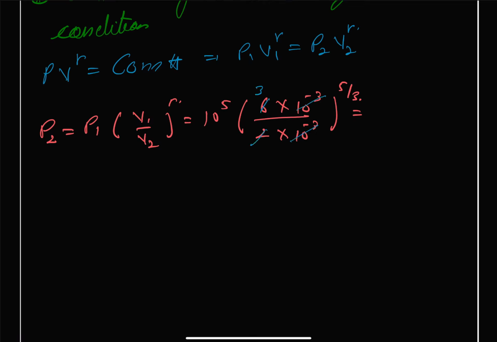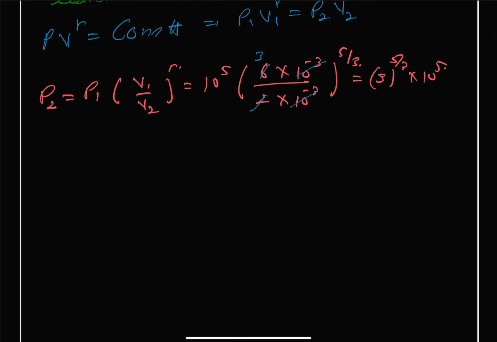So this will be equal to 3 raised to power 5 by 3 multiplied by 10⁵. Therefore P2 will be equal to 6.24 into 10⁵ pascals.